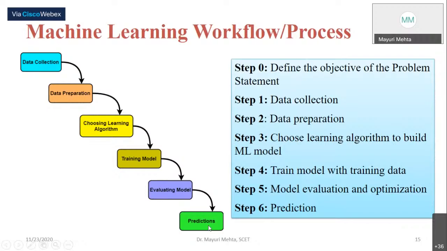And the last step is prediction. Now your model is ready, right? So once the model is evaluated and also improved at the previous step, it is finally used to make predictions. The final outcome can be a categorical variable like true or false, or it can be a continuous quantity like the predicted value of temperature or the predicted value of the stock market, right?